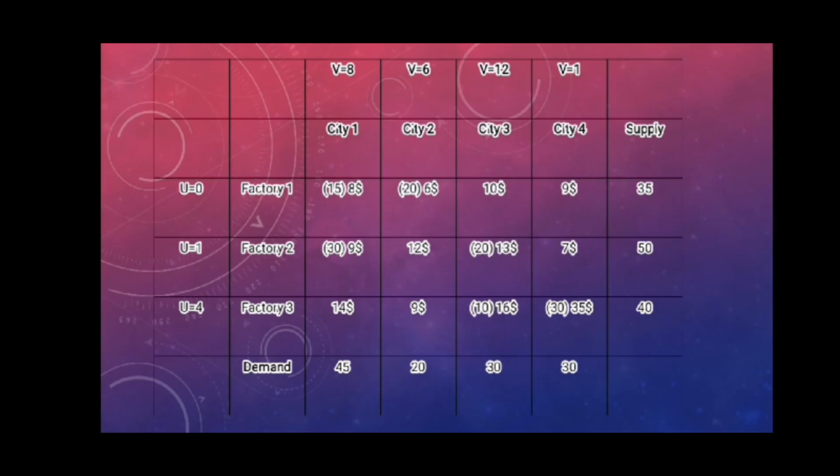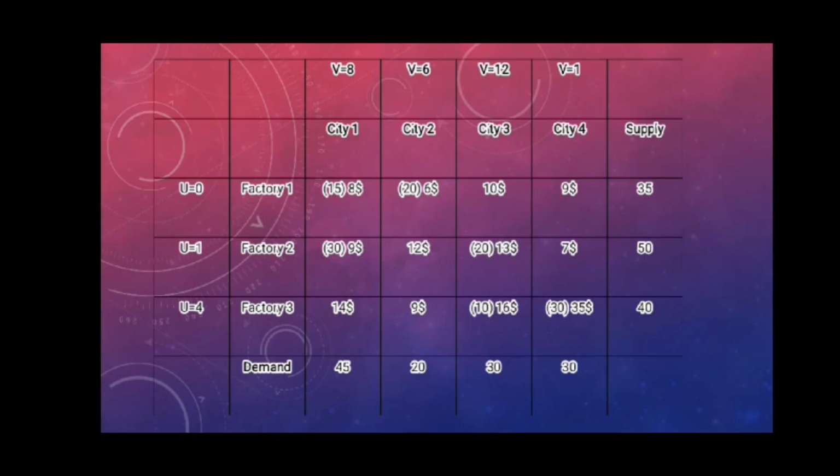Now, as I have mentioned earlier, we have to create variables u and v, which is u1 for row 1, u2 for row 2, and u3 for row 3. Same process for the variable v. We have v1 for column 1, v2 for column 2, v3 for column 3, and v4 for column 4.